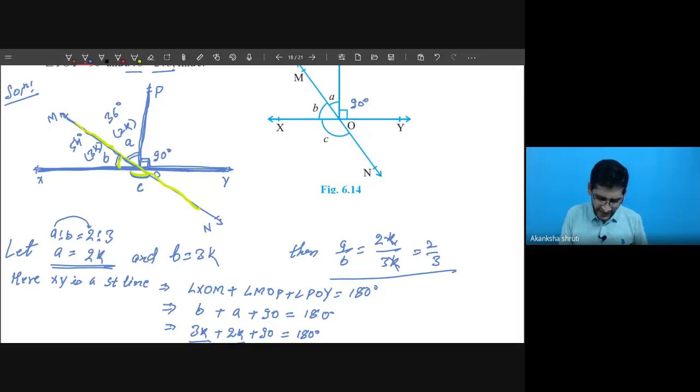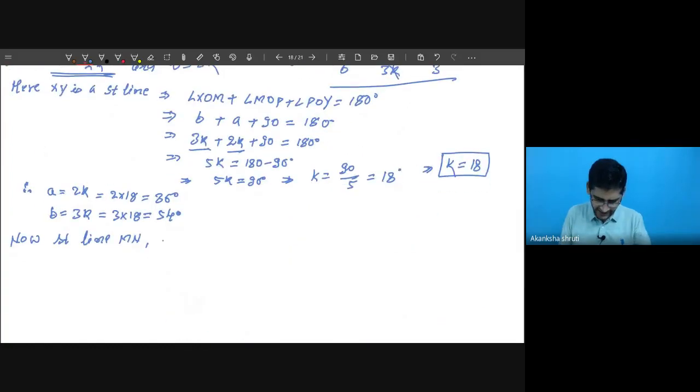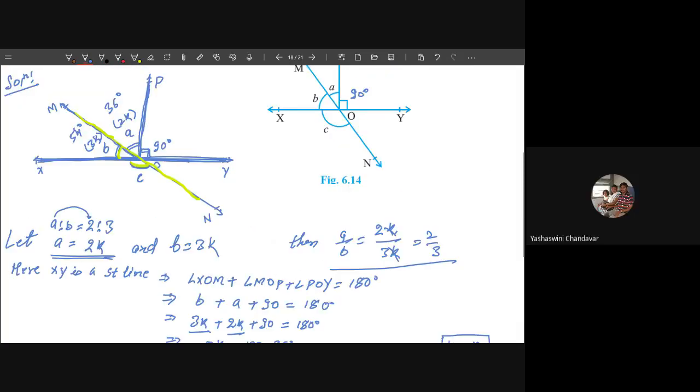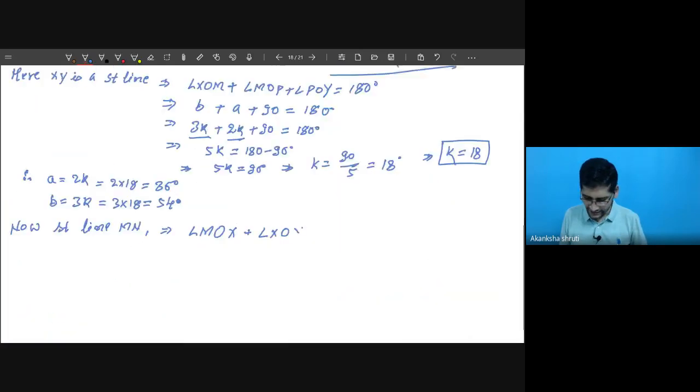What is MN? MN is our MOX plus XON. So this implies angle MOX plus angle XON. The point where it is cutting is O, student. This C is the value that we want to calculate.